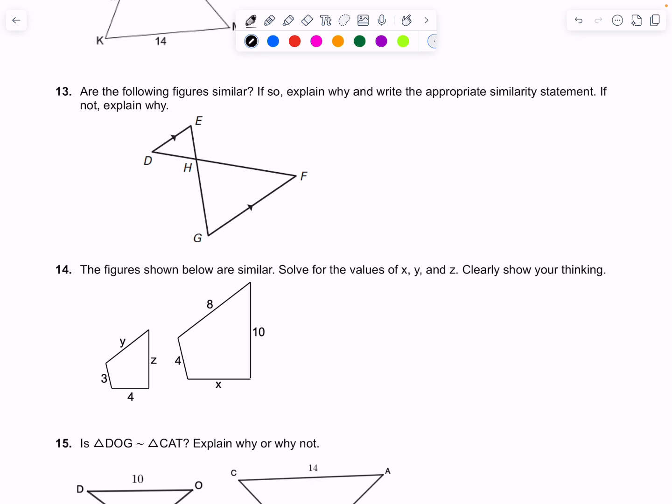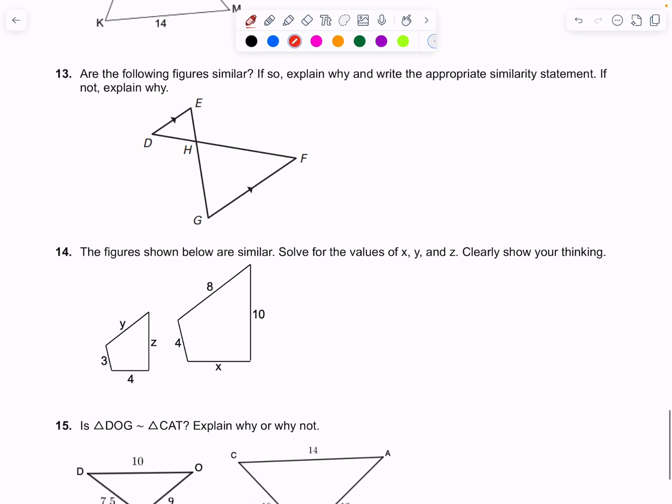Okay, so when I look here, I see that we have DE and GF are parallel. So using our understanding from the first semester that this transversal EG, I could say that this angle and this angle are going to be congruent based on alternate interior angles are congruent. And then when I look at this angle H, you can see that that is a vertical angle.